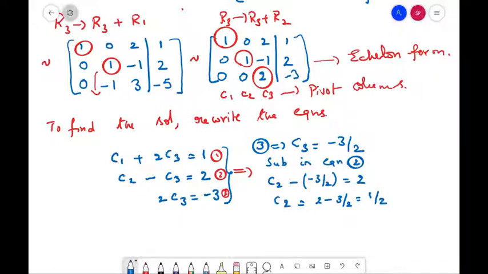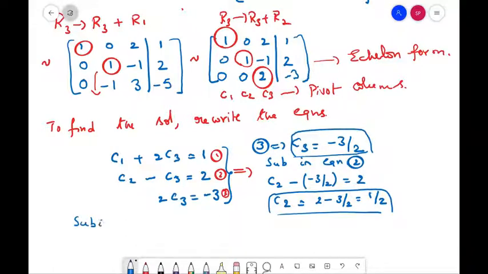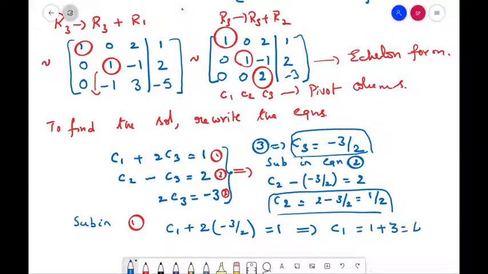And then C2 value you have, C3 value also you have here, substitute in 1. Then I will get C1 plus 2 into minus 3 by 2 is equal to 1, which implies C1 is equal to 1 plus 3, which is equal to 4.